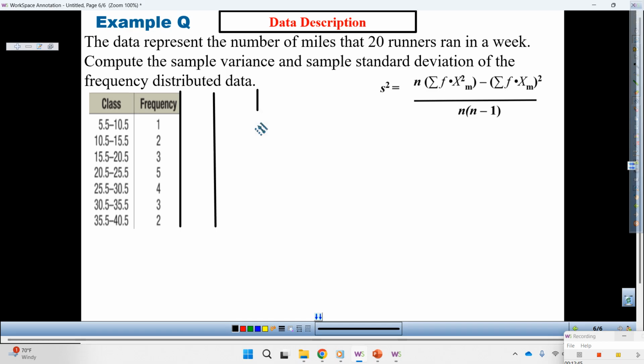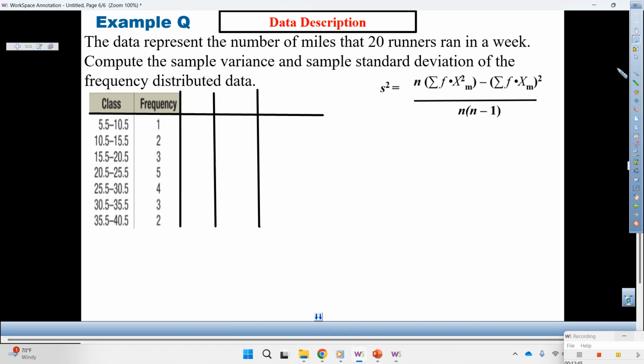Midpoint, and a column for the what times what? Frequency times midpoint. That is correct. All right. So let me label this X sub M.